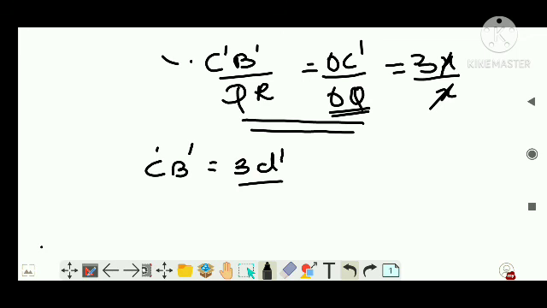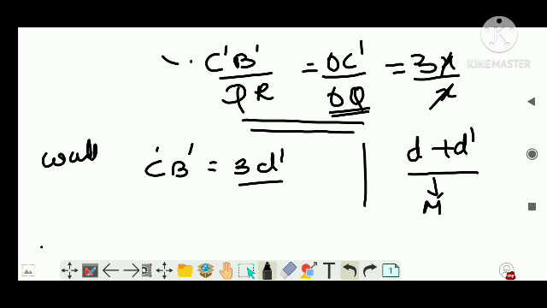So from the figure we know D plus D dash is the size of the mirror, whereas the wall's height will be 3D plus 3D dash. Look into the figure, guys.